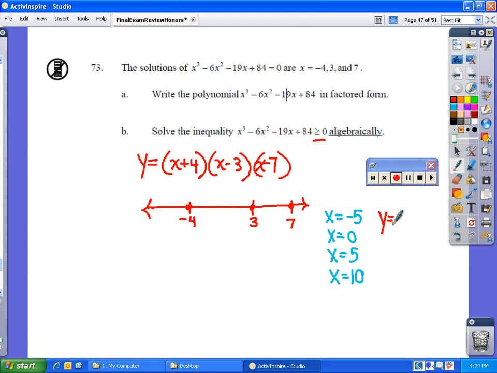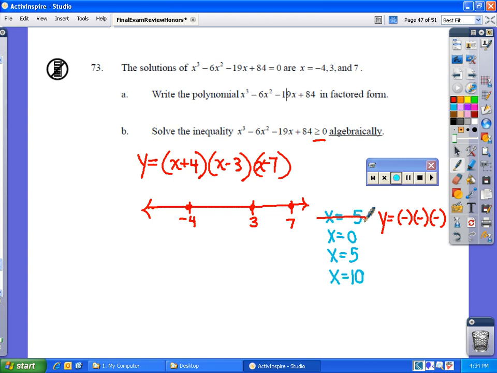When I plug -5 into the equation, I get that the first factor is negative, the second factor is negative, and the third factor is negative. Therefore, y is negative, and it does not satisfy the inequality.